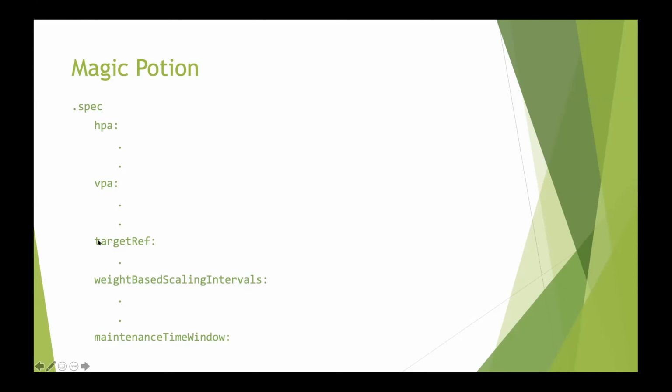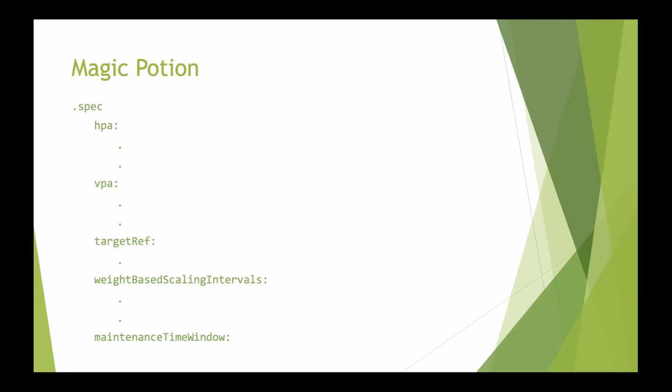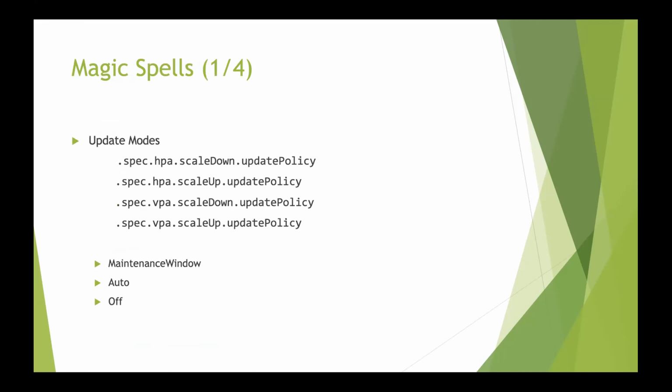Then we have a target ref, which points to the application that we want to scale. We have a new field, weight-based scaling intervals, that we'll get into later, and another field called maintenance window, which, as the name says, is the window during which scaling will happen if the update policies are set to maintenance window. Let's dive into the details of each of these fields.